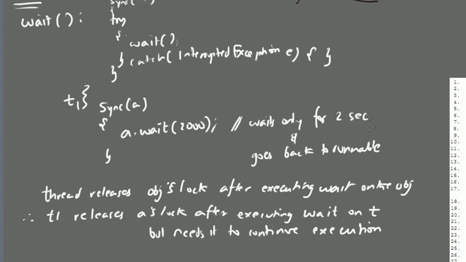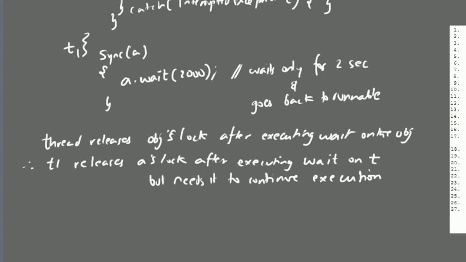It waits for 2 seconds, and if it's not notified within 2 seconds, it would go back to the runnable state, which I'm not really sure of. I think it actually goes back to the lock pool, which I'll be talking about shortly.